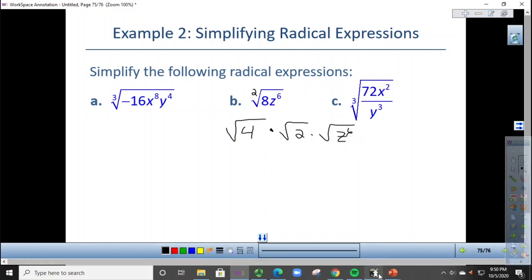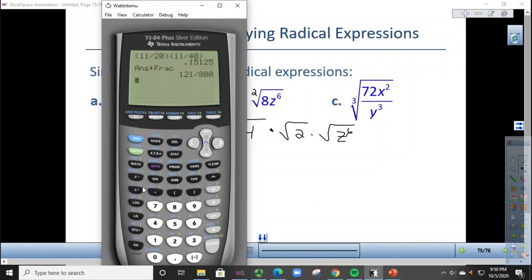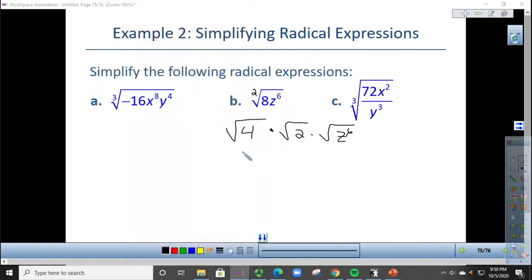And just so you can see that they're the same, if I put the square root of 8 on my calculator and then the square root of 4 times the square root of 2, I'm going to get the same decimal. So these are exactly the same. The square root of 4 is 2, times the square root of 2. Well, that's actually rational, so I'm going to just leave it. Times the square root of z to the 6th power.